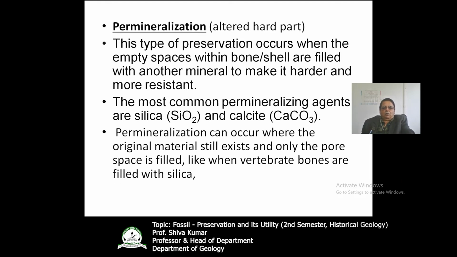Permineralization can occur where the original material still exists and only the pore spaces are filled, like when vertebrate bones are filled with silica. Vertebrates are another type of fossils. We have invertebrate as well as vertebrate fossils.